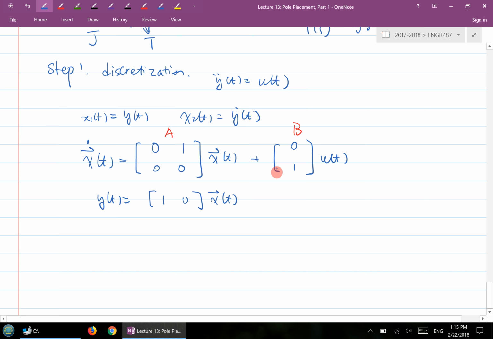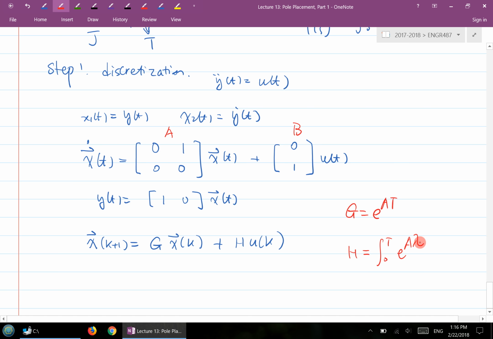Then we're going to discretize this continuous system with a certain choice of sampling time. If you recall, in the previous lecture we did the exercise. We want to discretize this into a discrete model. Essentially, we want to obtain the G matrix and H matrix for the discrete model. The G matrix is equal to e to the power of AT, and the H matrix is equal to the integral of e to the power of A lambda, B d lambda.